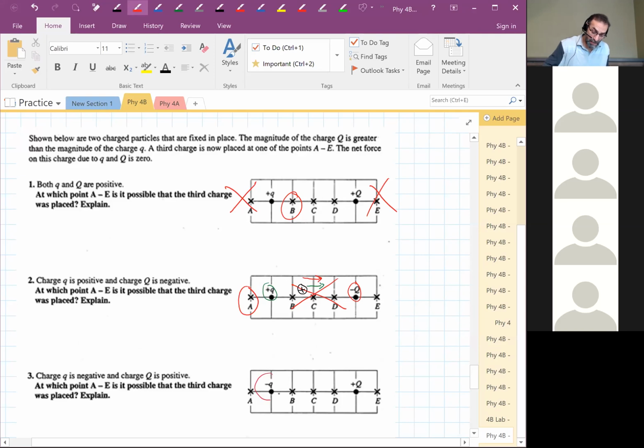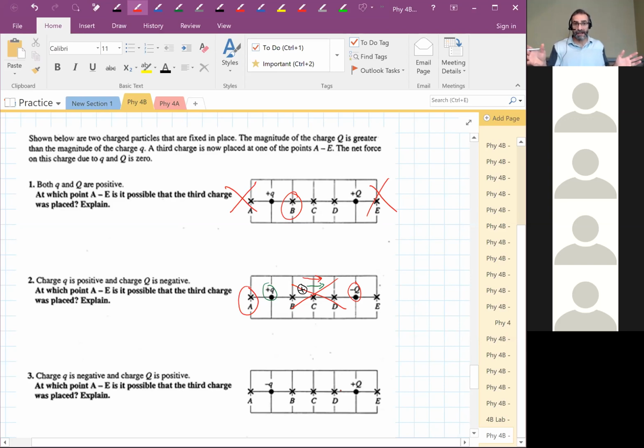Now the lowercase q is negative and the capital Q is positive. Because these charges have opposite signs, little q and capital Q, we know we have to be outside.